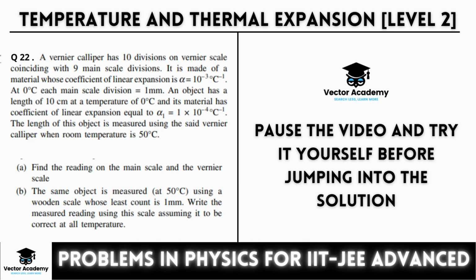The length of this object is measured using the said vernier caliper when room temperature is 50 degrees Celsius. A. Find the reading on the main scale and the vernier scale. B. The same object is measured at 50 degrees Celsius using a wooden scale whose least count is 1 mm. Write the measured reading using this scale, assuming it to be correct at all temperatures.